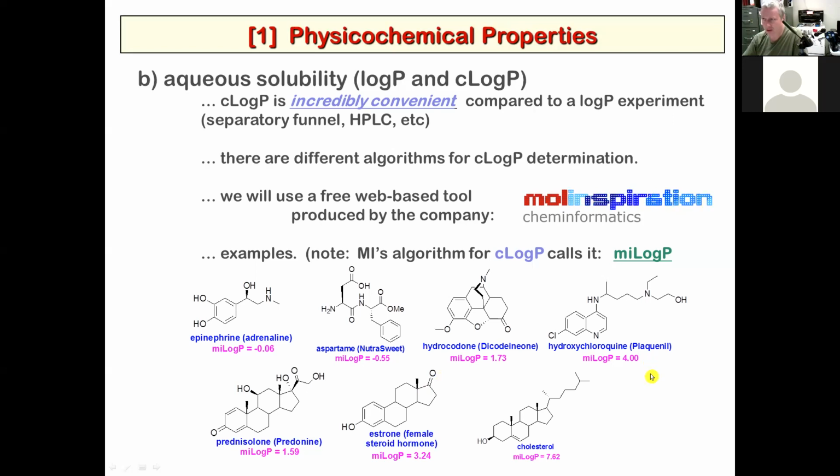Whereas cholesterol has a very high log-P value because it's very greasy. It's got this greasy tail at the end, and an alcohol. The alcohol probably drops the log-P a tiny bit, but the general greasy nature of the steroid boosts the log-P up.